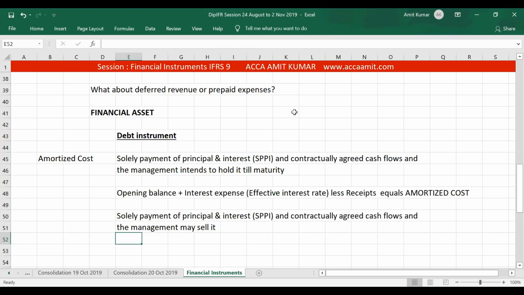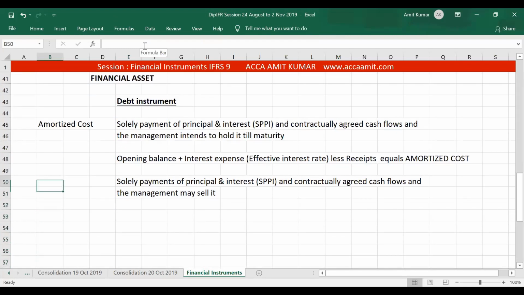But what about the investments made with an agreed cash flow, with the intention of receiving solely payments of principal and interest, not subject to market risk, but which they may sell in the market in case they need money? What should be the measurement basis? Amortized cost or fair value? It should be fair value.